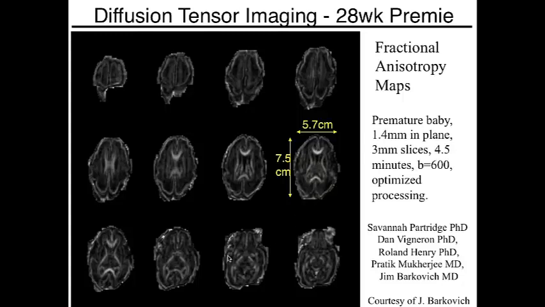And you can see that, for instance, within the central tracts or the corticospinal tracts, within the posterior limbs of the internal capsule, and within the corpus callosum, for instance, compared to the more peripheral white matter, which is largely isotropic at this age.